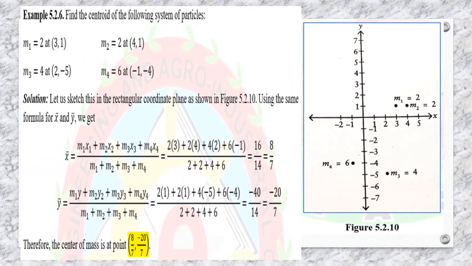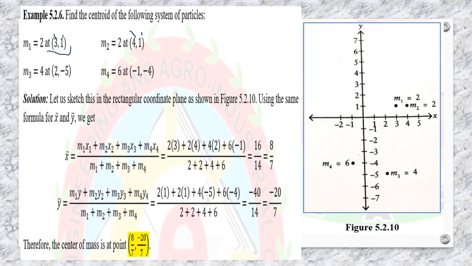For the last example class, find the centroid of the following systems of particles. Okay, so m sub 1 equals 2 located at 3 and 1. Ibig sabihin x sub 1, y sub 1. Then m sub 2 naman, ang mass niya is 2. It is located at x sub 2 equals 4. Then y sub 2 is equal to 1.